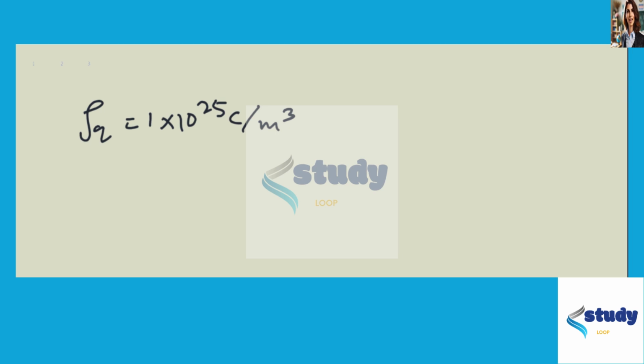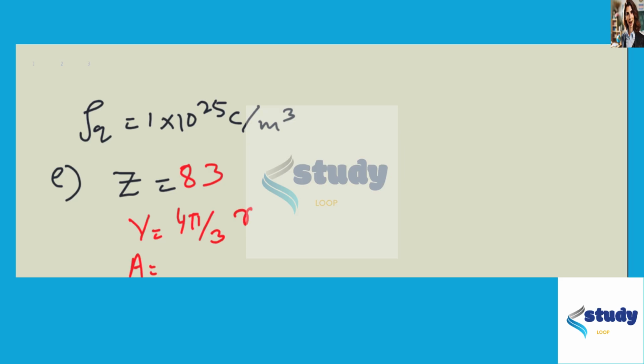In part E, we do the same steps for the Z value. Only the Z value here will be 83, and for the volume we write 4π over 3 r naught A to the power 1 over 3 whole cubed, where A will be 209 here.